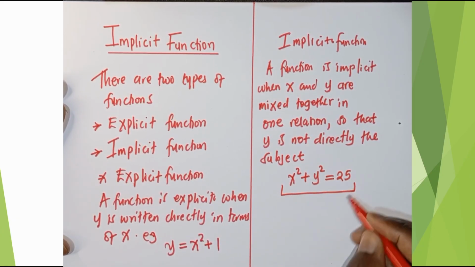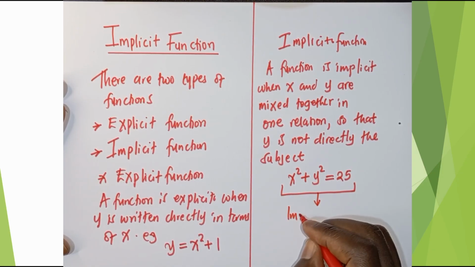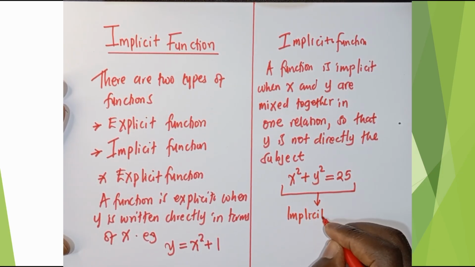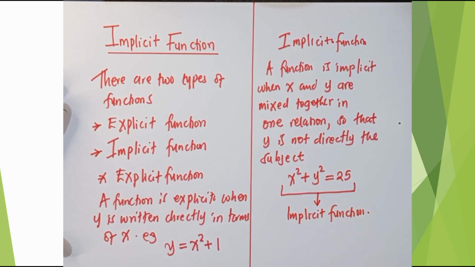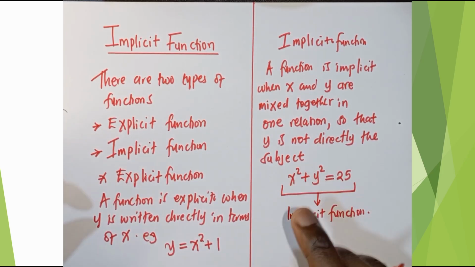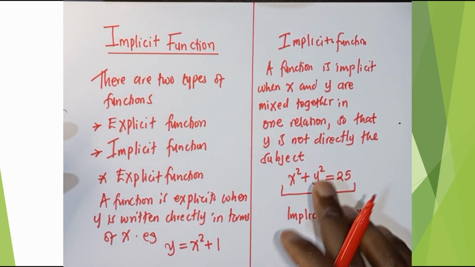This one is known as an implicit function. Now, that is the true definition of implicit function. And then we have explicit. And then we are going to see how you differentiate an implicit function, because that is what brought us here. How do we differentiate an implicit function? Now let us see it.